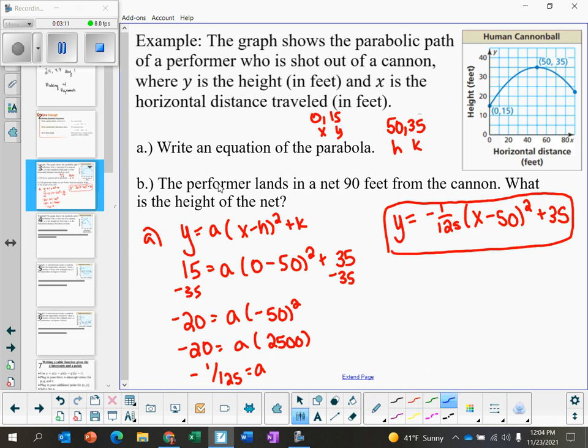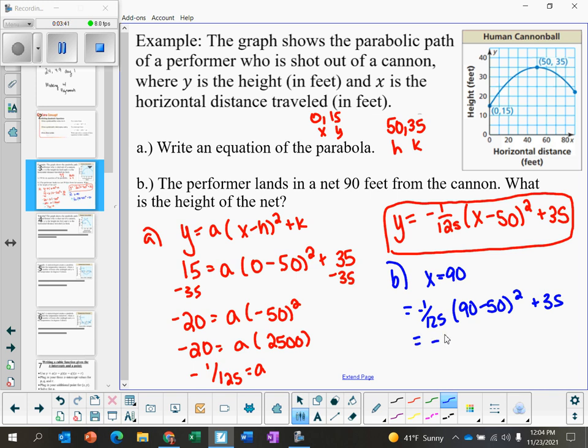Part B, the performer lands in a net 90 feet from the cannon. So they're talking about a horizontal distance of 90 feet. So for part B, we know x is 90. So I'm going to substitute that in. So 90 minus 50 squared plus 35. So that's going to be 40 squared, or 1,600, times the negative 1 over 125.